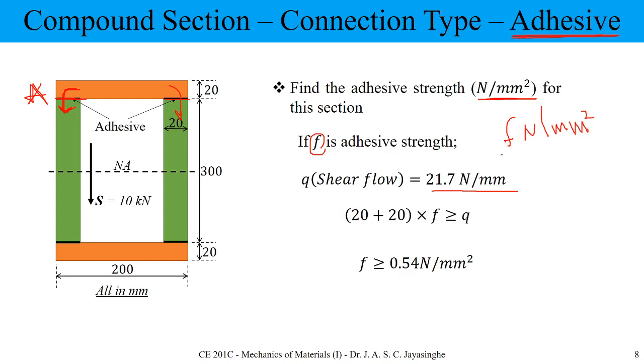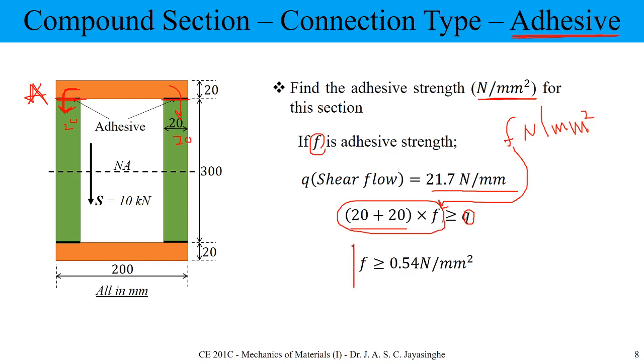So you need to convert this area force to line force. To calculate line force, you need to multiply by the connection length. Connection length is here 20, here 20. Connection length 40 times F, that is per unit length, and it should be greater than or equal to Q, the shear flow at that level.